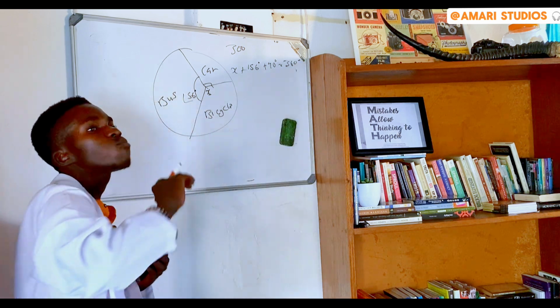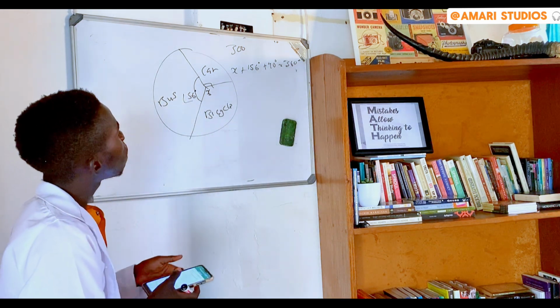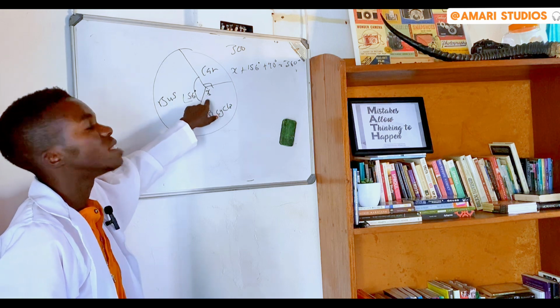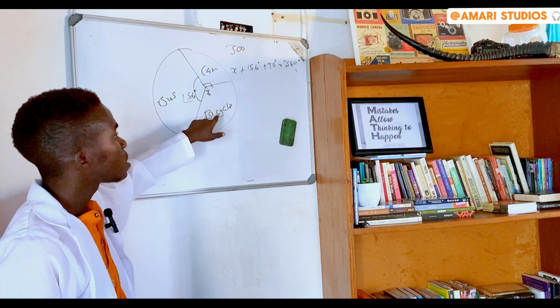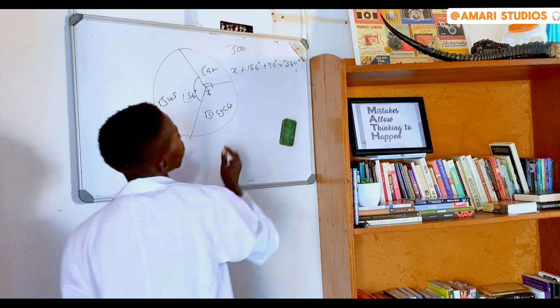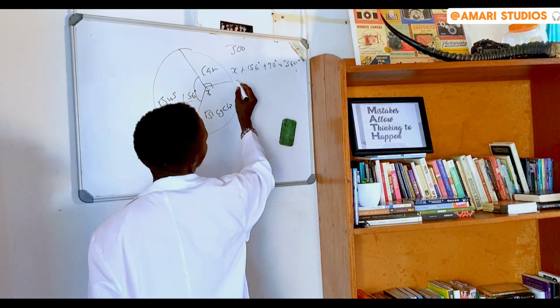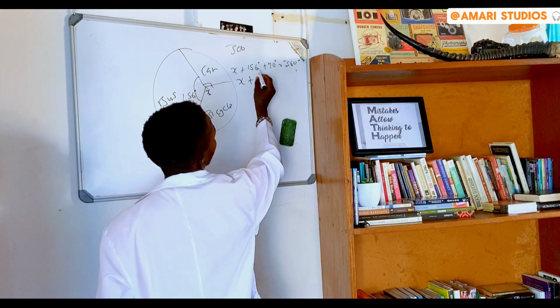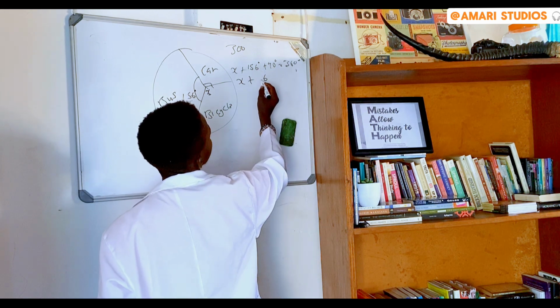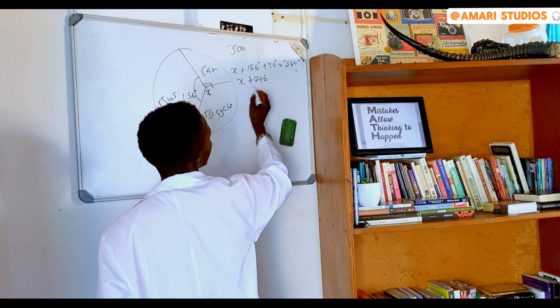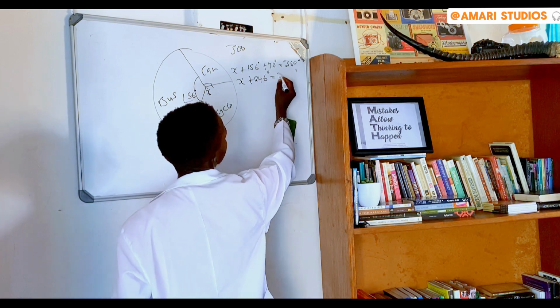Remember, the whole main purpose of this is to find the angle representing the bicycle. So when you add 156 plus 90 degrees, you're going to get 246 degrees, which is equal to 360 degrees.